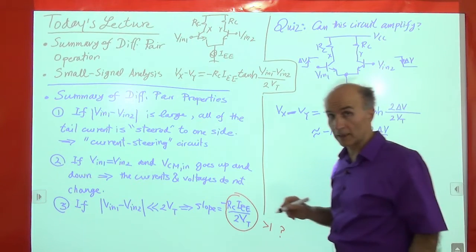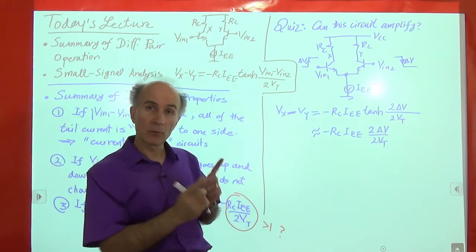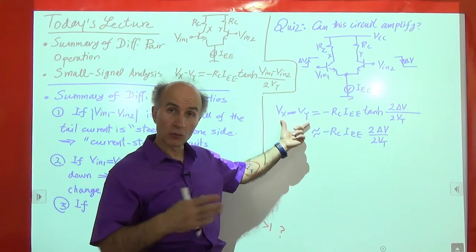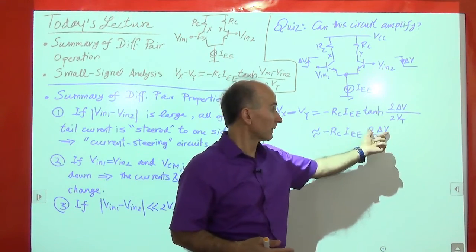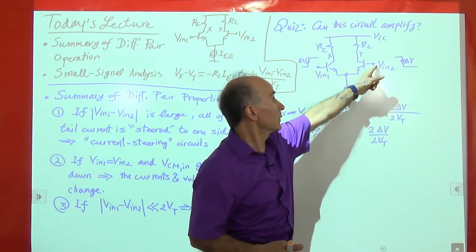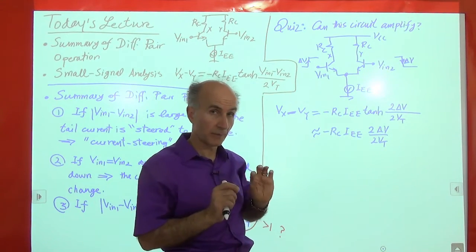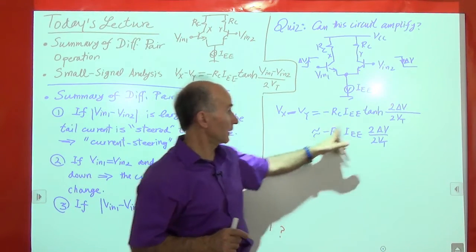So not surprisingly, the circuit has amplification if the output voltage change, this, is greater than the input voltage change. The input voltage change was 2 delta V because this went up by delta V, this went down by delta V. In this case, by input, we mean the differential input. So differential input changed by 2 delta V, the differential output changed by this whole thing.